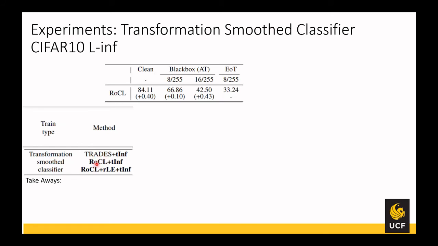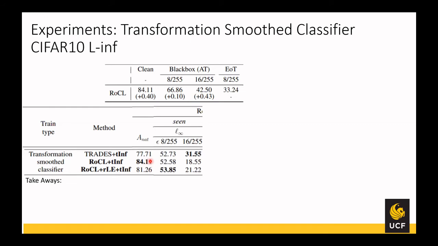Let's compare ROCL plus transformation smoothing with two other algorithms: TRADES plus transformation smoothing, and ROCL plus robust linear evaluation, as I explained in the previous slides, the robust linear evaluation plus the transformation smoothing classifier. We can see the transformation smoothing has really good clean accuracy compared to the other two algorithms, but a lower robust accuracy compared to the robust linear evaluation.